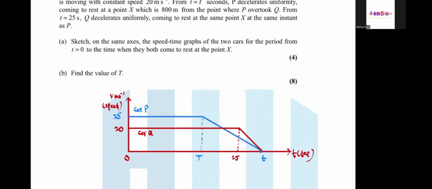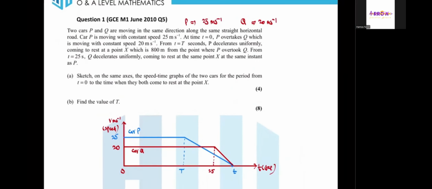So obviously car P has to start its journey of deceleration before the time car Q starts its journey of deceleration, because it has to come to rest at the same instant as car Q. Both cars have to come to rest at the same instant and at the same point. In any other case, this whole scenario would not have been possible.